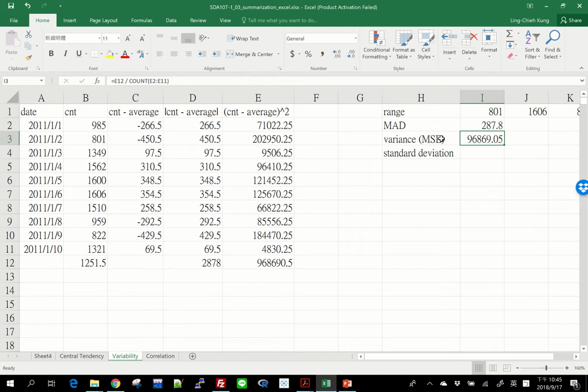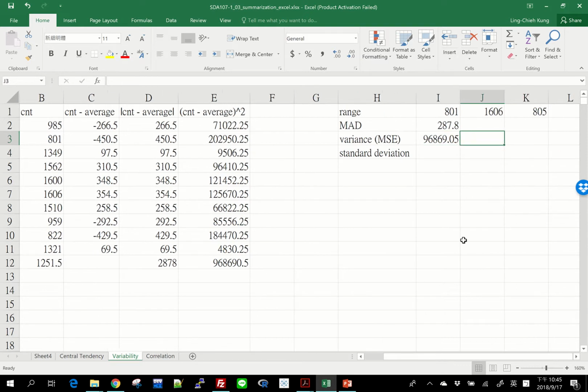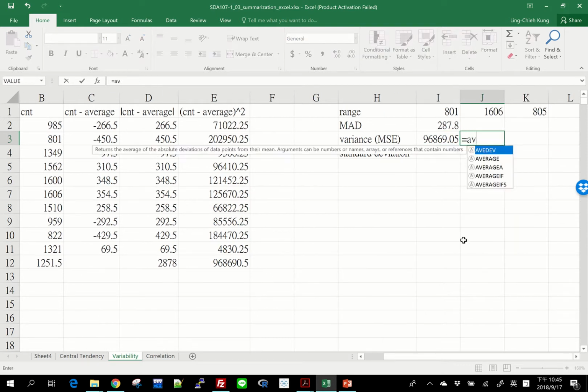And if this is the MSE or the variance, we should not need to do all the calculations by ourselves every day, because variance is so frequently used. So it's good that in Excel we have functions called VAR, which stands for variance. Here we have var.p and var.s. These two are indeed different.